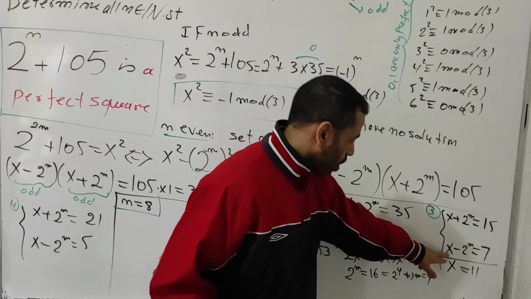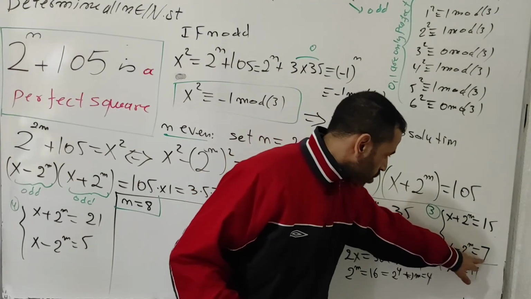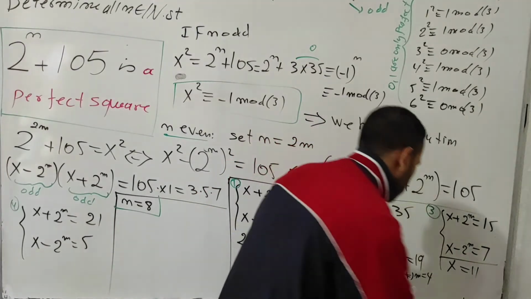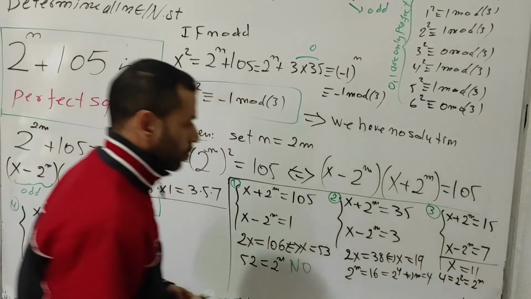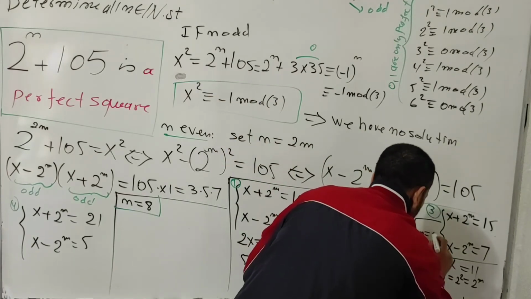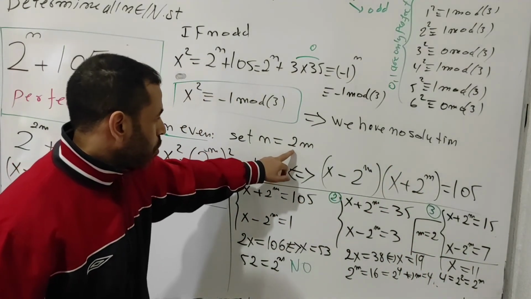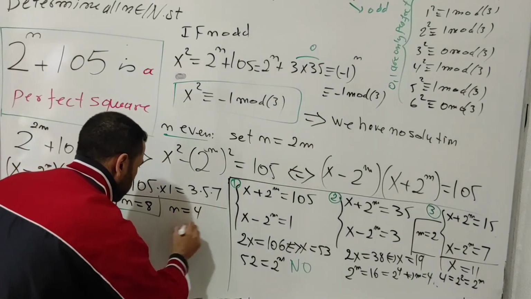By putting 11 into the second equation, 11 minus 7 becomes 4, so 4 equals 2 to the m. 4 is 2 to the 2, so m equals 2. Since n equals 2m, n equals 4. So n equals 4 is the second solution.